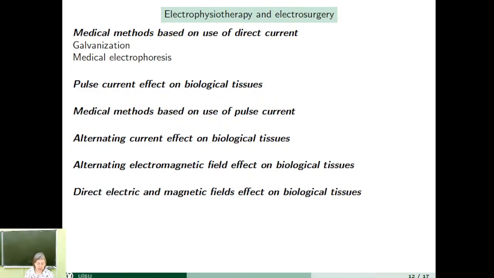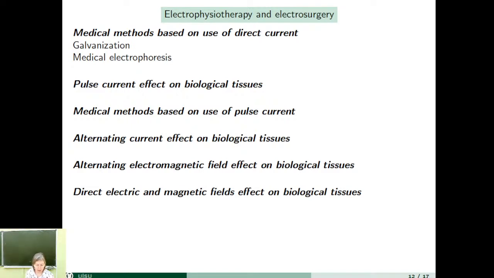Local darsonvalization. When this method is used, the current affecting the patient is alternating and a pulse at the same time.